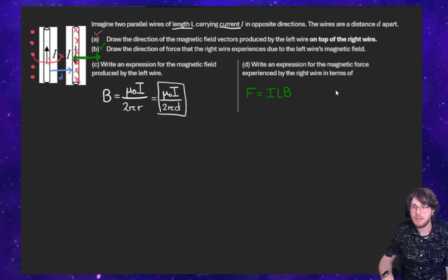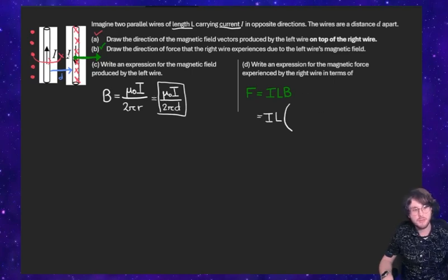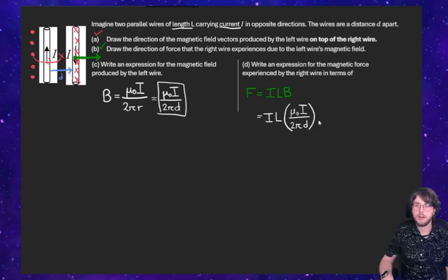We've got the same current times the length of each wire times the magnetic field strength at each location along that wire, which, assuming there's no funny business at the ends of the wires, is mu naught times the same current I divided by 2 times pi times the distance between the wires.